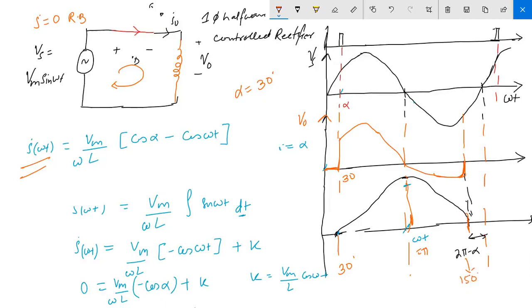In your diode, if you remember, the condition was it starts from 0, reaches the peak value, and then goes to 0, because it has continuous conduction because of the load. But in SCR, it starts with a delay because of alpha, and the waveform decrease also ends with a delay. So that's the difference. But the conduction is there.